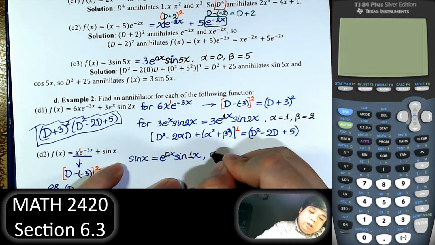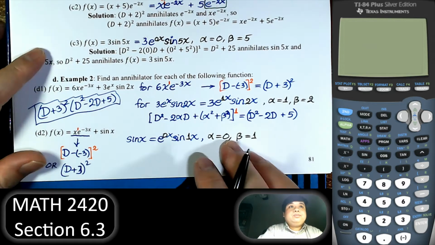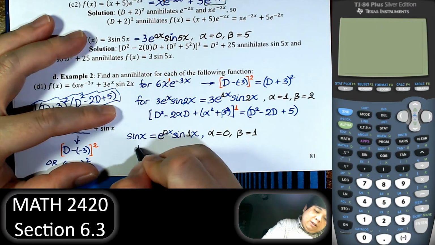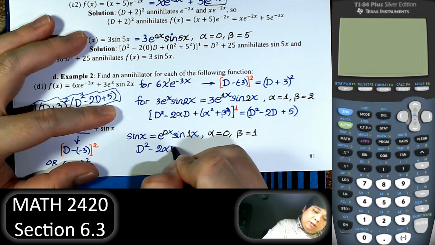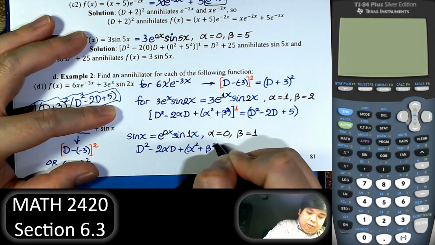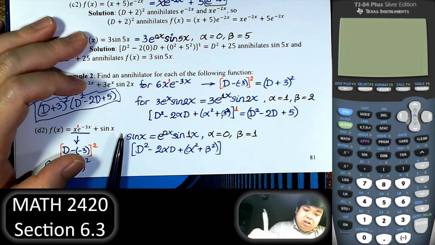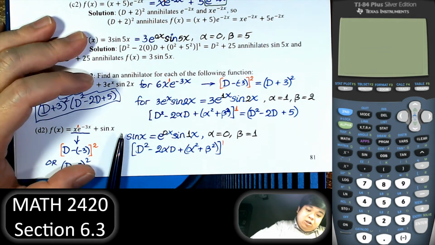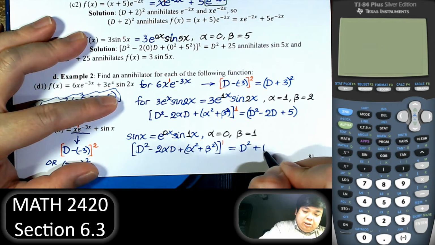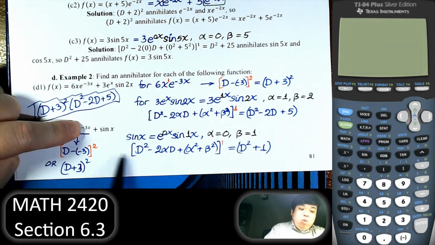So alpha equal to 0, beta equal to 1, and the annihilator is in this form. There's no x here, so let's just go to the first and put that together. Put 0 here and 0 here, and we just have d squared plus 1. Now, d plus 3 squared will annihilate that one, and d squared plus 1 will annihilate that one.